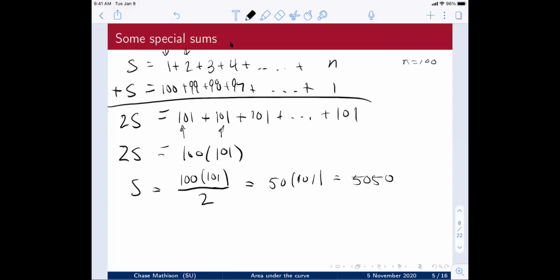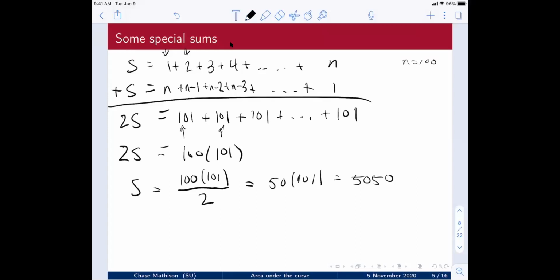I come down here and change this 100 to n. The only thing that changes is that instead of 99, I'm doing n minus 1, instead of 98, n minus 2, instead of 97, n minus 3, and so on. But you still get the same trick.